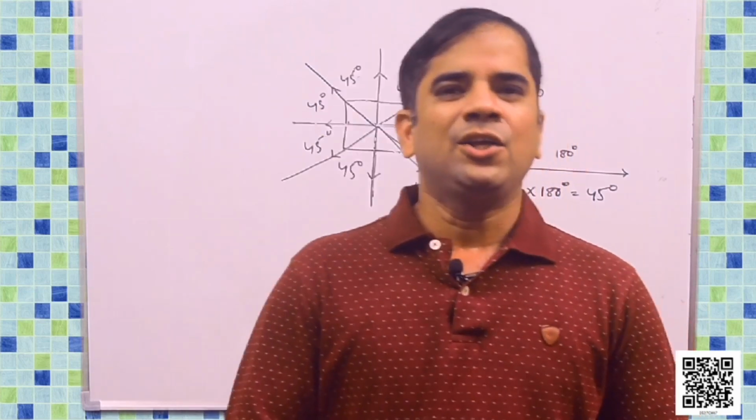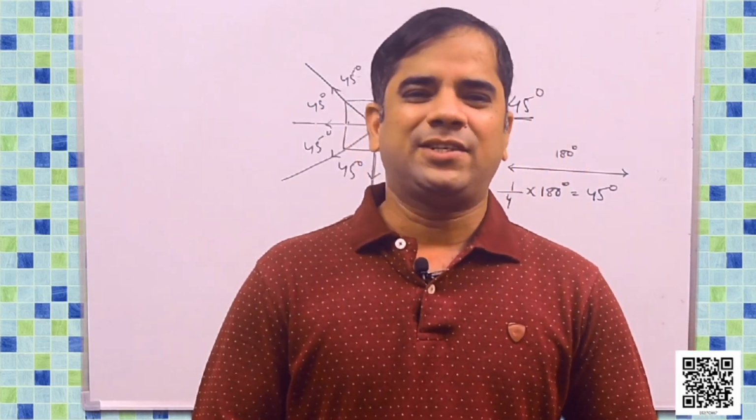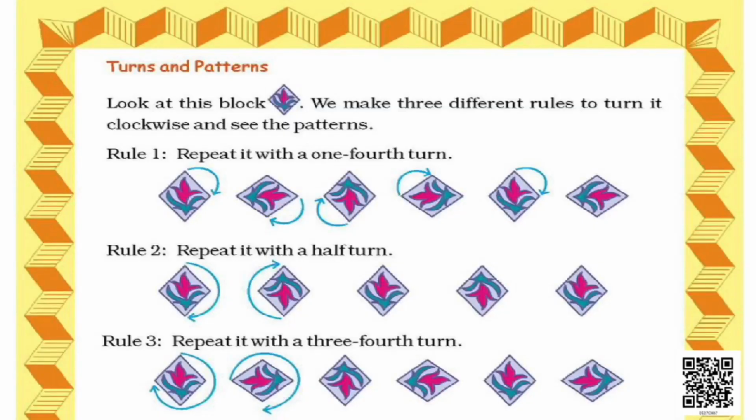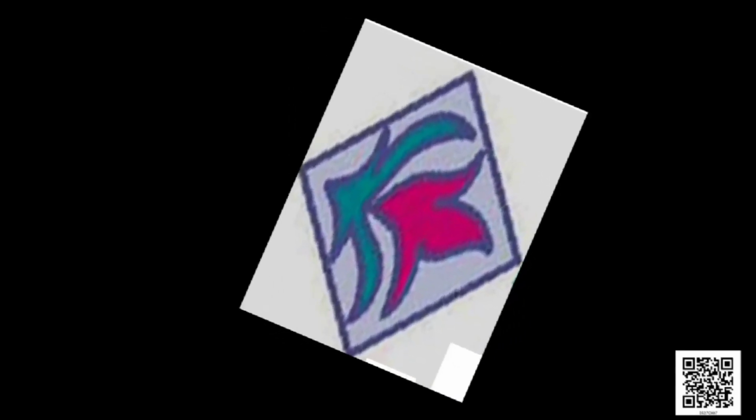Fine? So students, in the second page, let us discuss some turns and patterns. Look at this block. It is a diamond shape within which there is a flower. So we make three different rules to turn it clockwise and see the pattern. Rule 1, repeat it with a 1/4 turn.